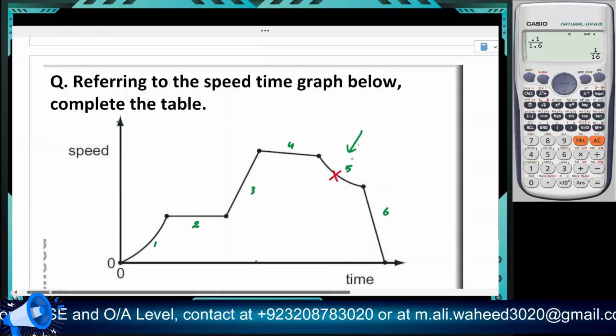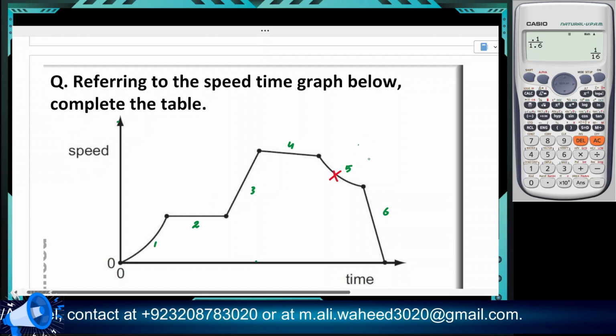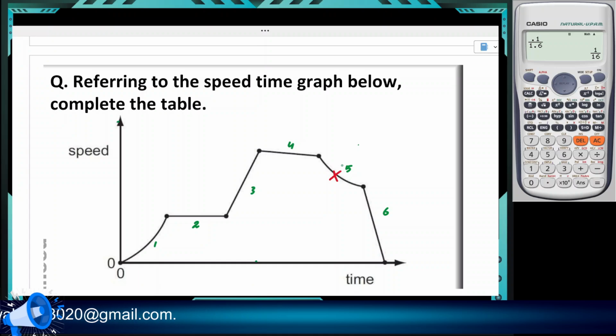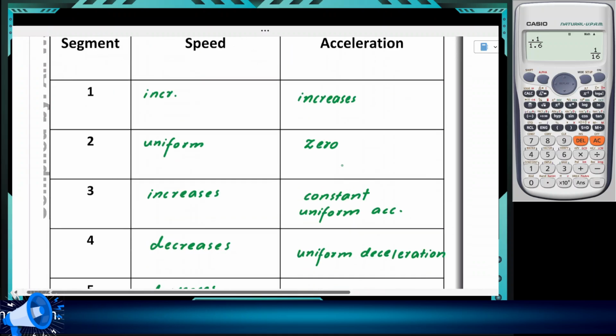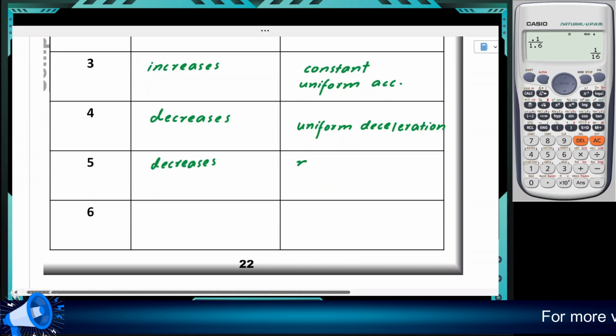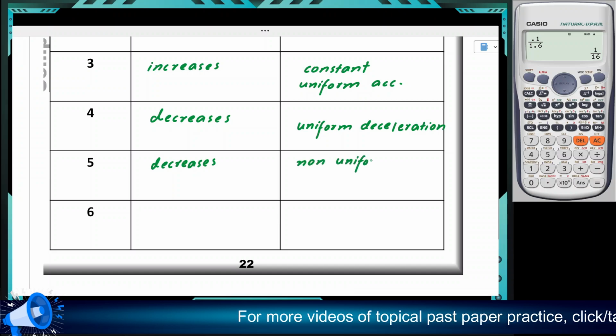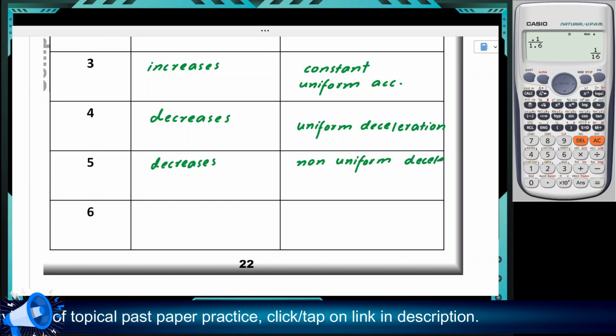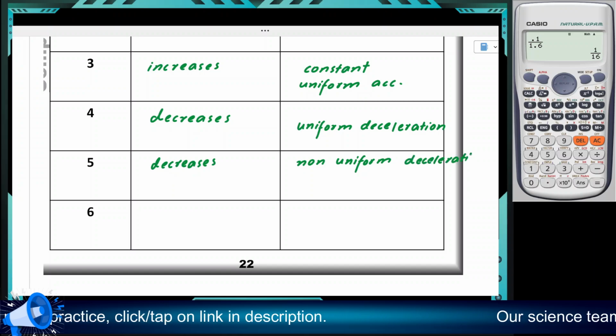Then the follow up question is, if the speed is decreasing, is it decreasing at a uniform rate or non-uniform rate? Sir, non-uniform. Okay, the speed is decreasing at a non-uniform rate. So the deceleration is non-uniform.